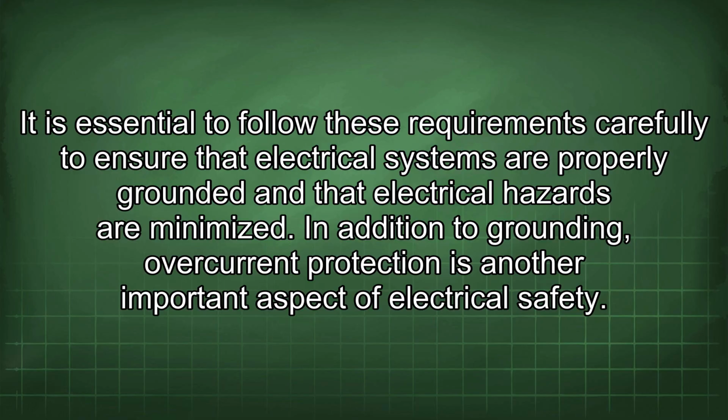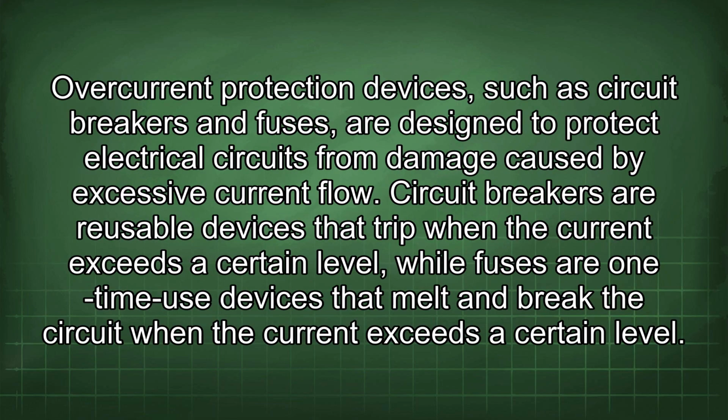are minimized. In addition to grounding, overcurrent protection is another important aspect of electrical safety. Overcurrent protection devices, such as circuit breakers and fuses, are designed to protect electrical circuits from damage caused by excessive current flow. Circuit breakers are reusable devices that trip when the current exceeds a certain level, while fuses are one-time use devices that melt and break the circuit when the current exceeds a certain level.